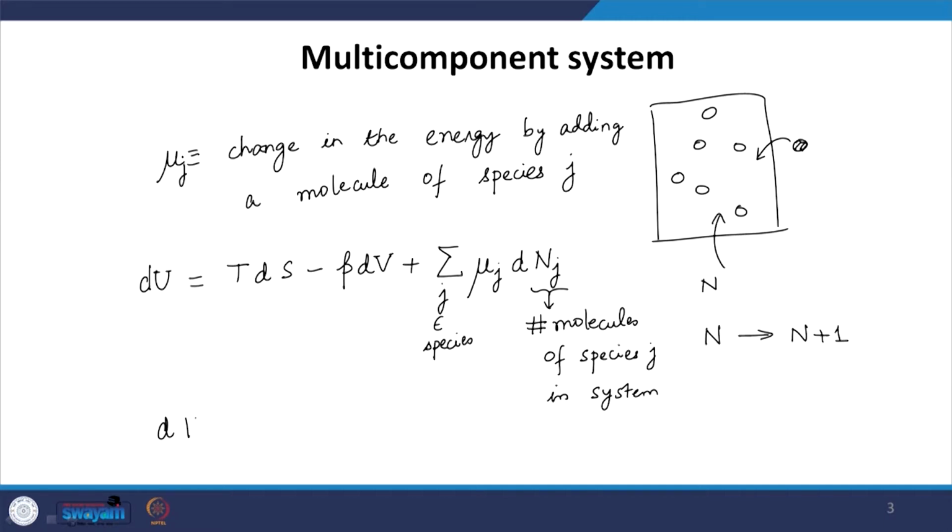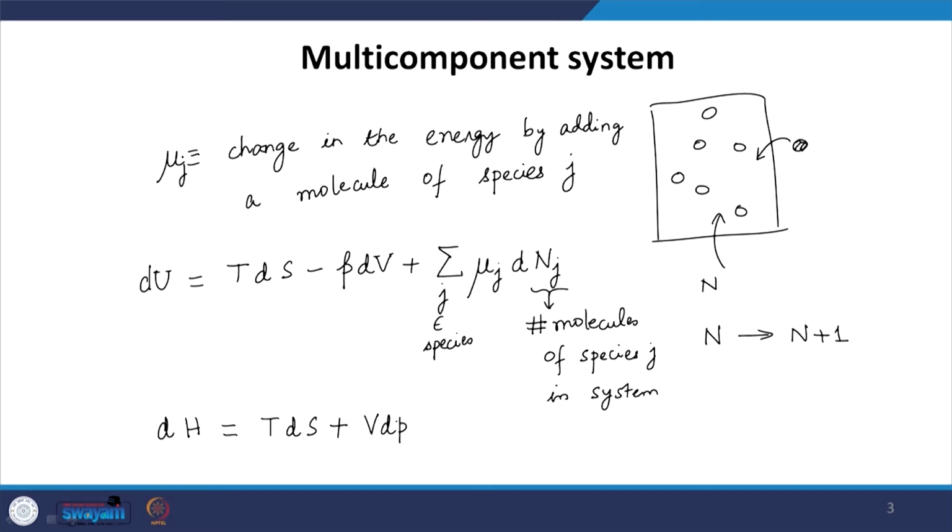Now, when we talk about, for example, enthalpy, again you will have the same change. What will change between internal energy and the enthalpy is that the other natural variables will change. Let us say for example, if I write dH, that is equal to TdS plus VdP for a one component system.